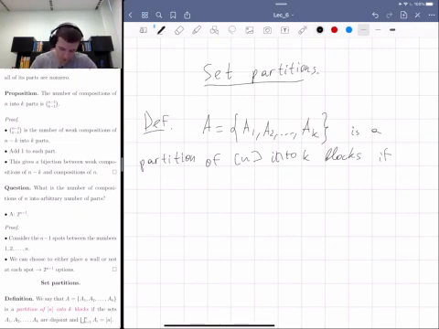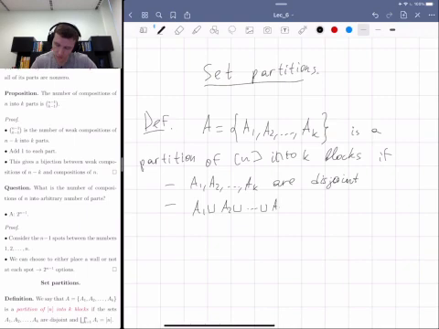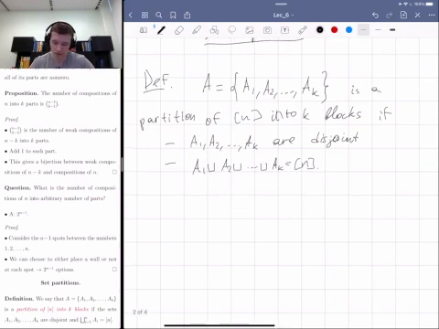The first condition is that A1, A2 up to AK are disjoint subsets of bracket n, and the second condition is that the disjoint union of these sets is equal to the whole bracket n. And that's the definition of a set partition.